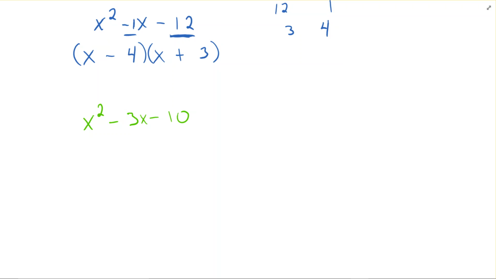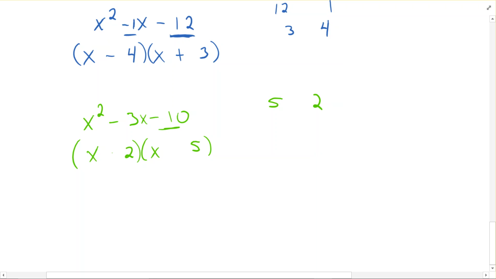All right, so here's what I would do. So I'd go bracket, bracket, x and an x. And then I know my numbers that I'm looking for need to multiply to 10, add to 3. So what about 5 and 2? Looks kind of promising, right? So let's put down 5 and 2. And now I know it needs to multiply to a negative number. So one's got to be positive, one's got to be negative.